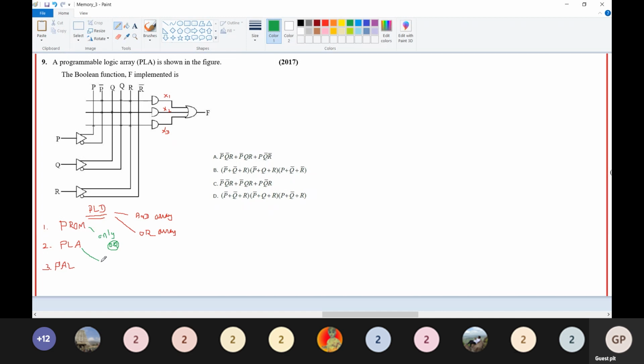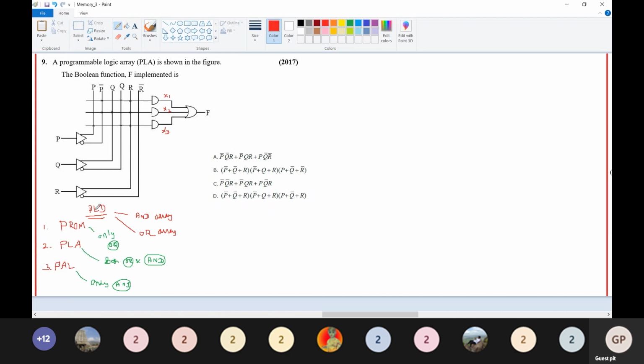In PLA, both the AND array and the OR array are programmable. In a PAL, only the AND array is programmable and the OR array is fixed.